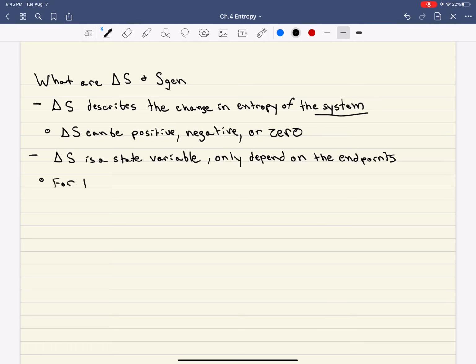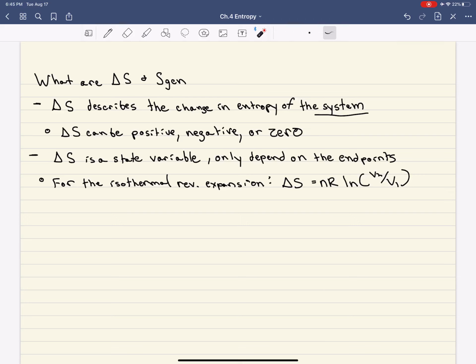If we think about that isothermal reversible expansion, I showed that the delta S was equal to nR natural log of volume 2 over volume 1. These things are constants, and so the volume terms determine what our delta S is going to be.